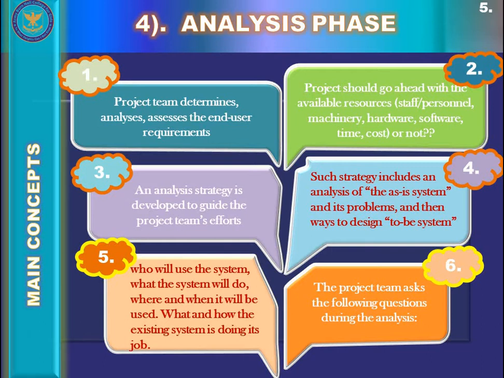The as-is system means the system which is already implemented and currently working inside the customer's organization, and its problems. Such a strategy can also include ways to design a new system called the to-be system. The to-be system means the system which is going to be designed and developed.